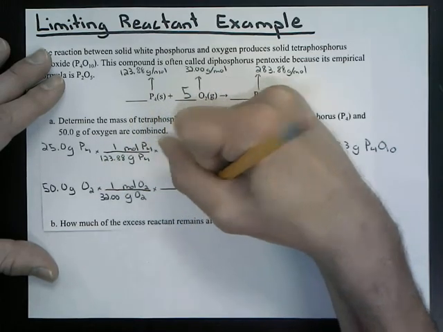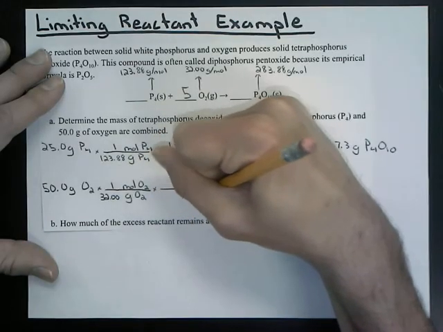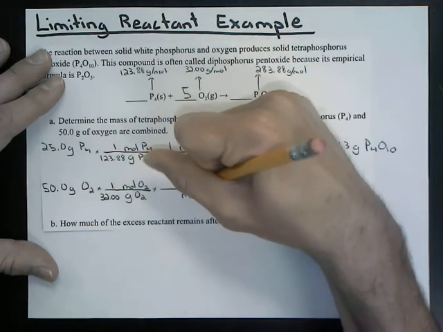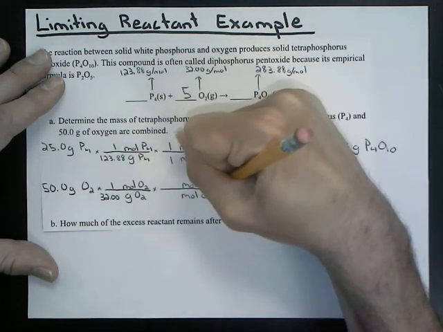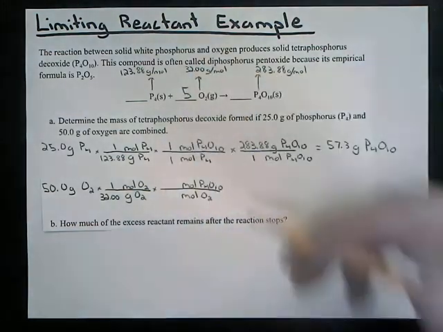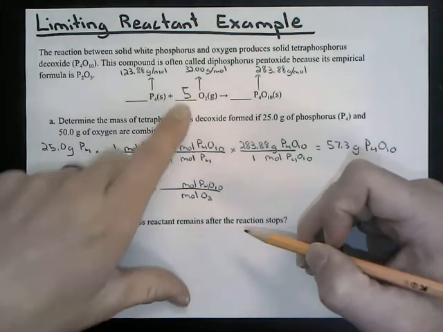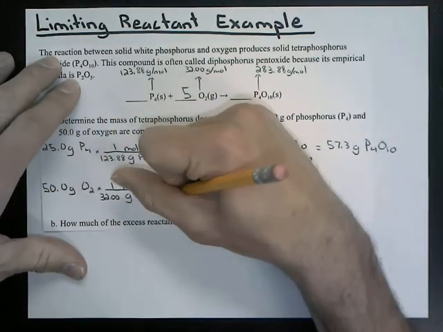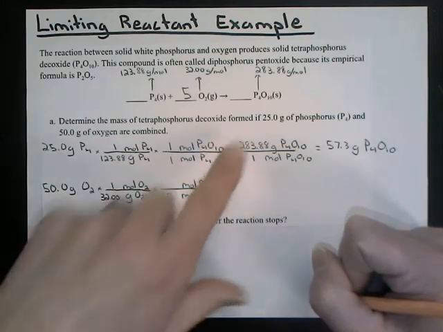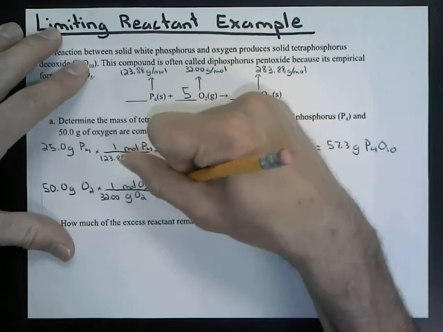Now I need to go moles of oxygen to moles of P4O10. And again, we can't go moles of oxygen to grams of P4O10. We have to go through this step. So the coefficient of oxygen is 5. The coefficient in front of P4O10 is 1.